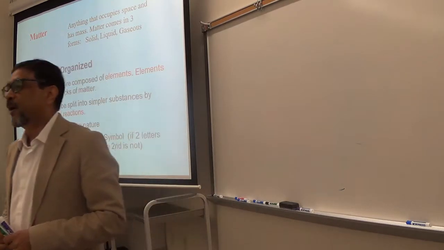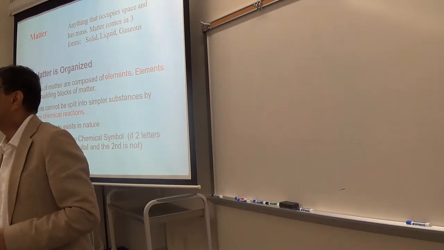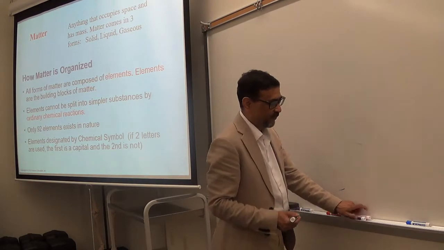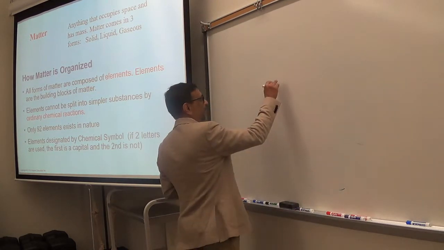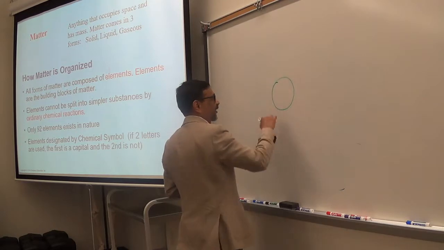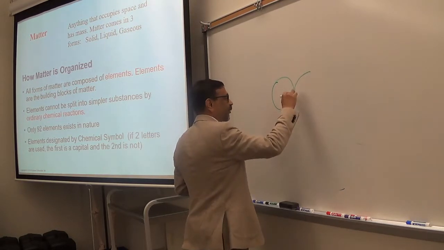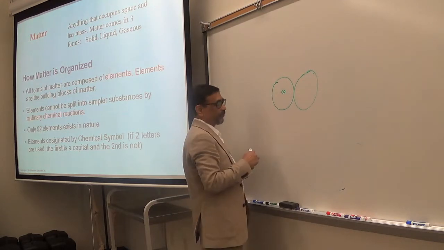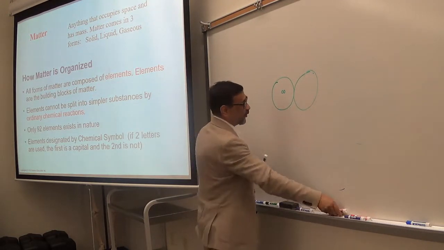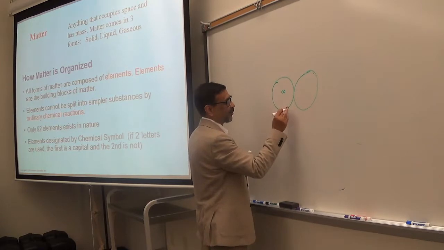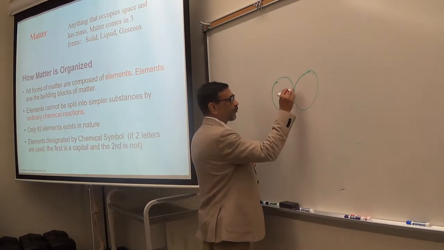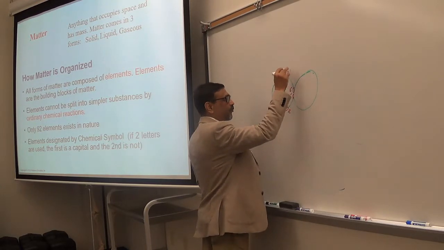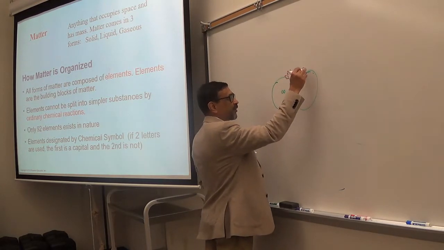Another type of bond is called the covalent bond between atoms. This is an atom, this is another atom. Nucleus, electrons on the shell. These are the electrons. This one also has electrons.